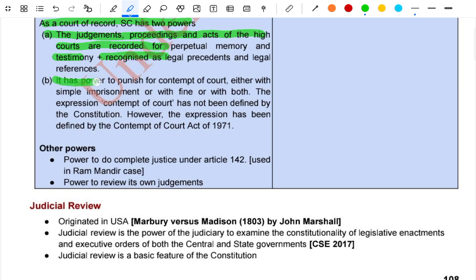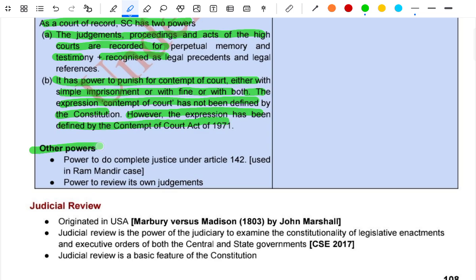Second, it has the power to punish for contempt of court, either with simple imprisonment or a fine or both. The expression contempt of court has not been defined by the Constitution. However, it has been defined by the Contempt of Courts Act of 1971.